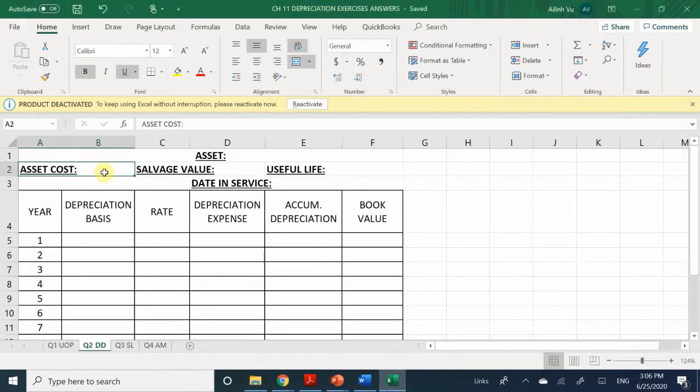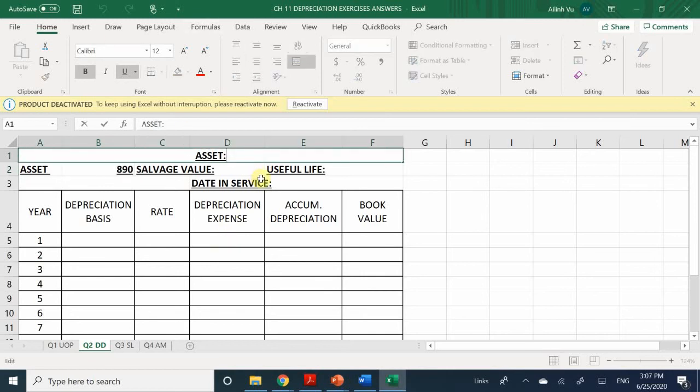Okay, so I think what I did here was I just tapped this one. My asset cost, how much did my asset cost? I think it was 890. Yes, 890. My asset was a laptop. $50 for the salvage value.